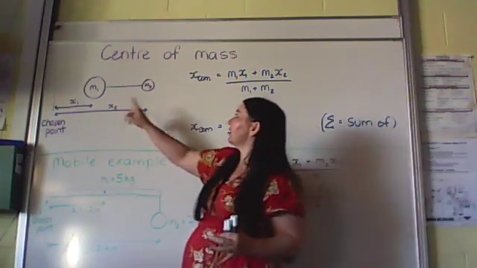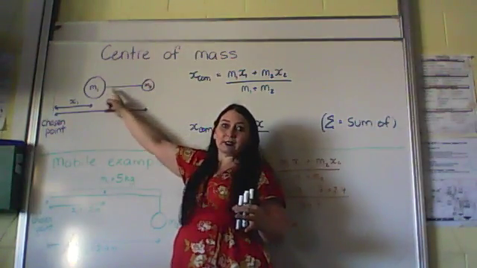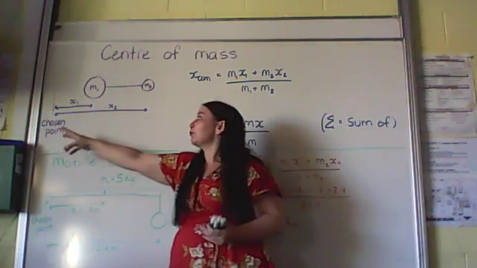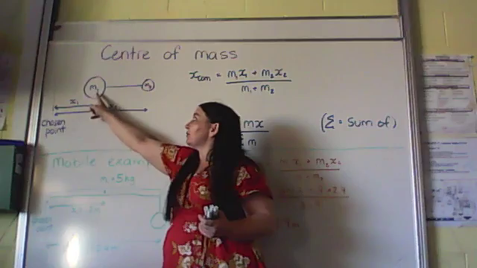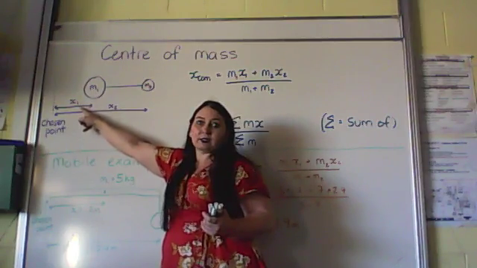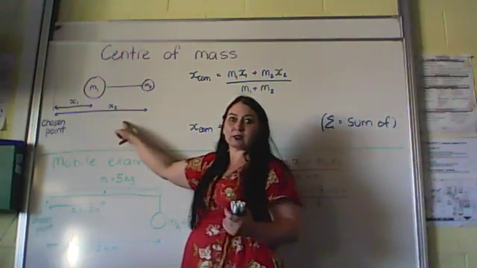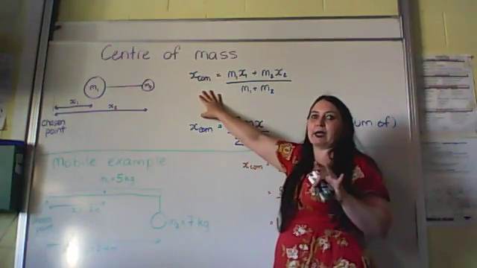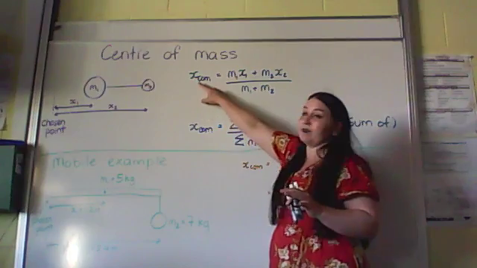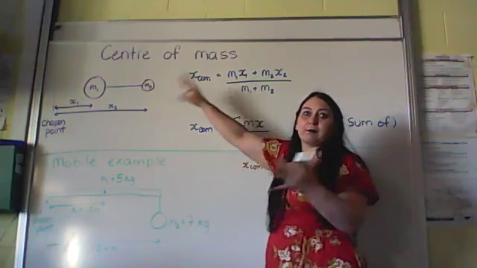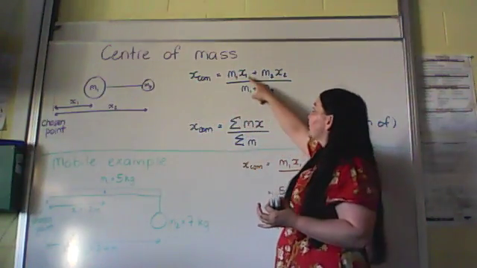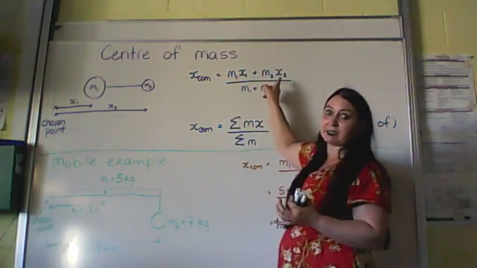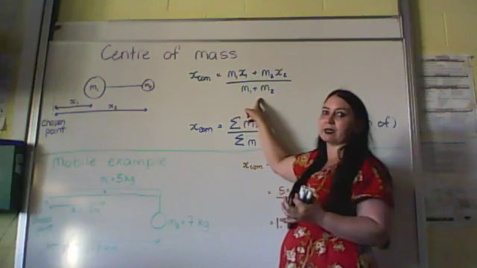So here's our object here. It's got two masses and it's got a chosen point, which is outside those two masses. So we can see, we've said it's mass 1, there's the distance to mass 1, mass 2, there's the distance to mass 2. And our formula is really simple, okay? It says that the position of the centre of mass compared to our point is going to be the mass times the distance plus the other mass times the distance divided by the total mass.